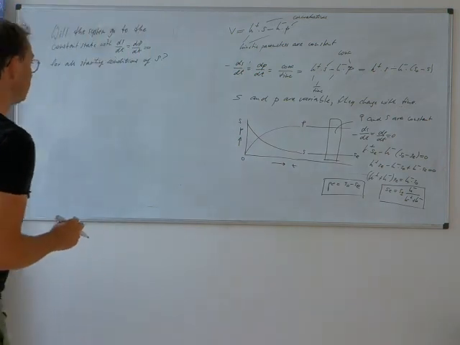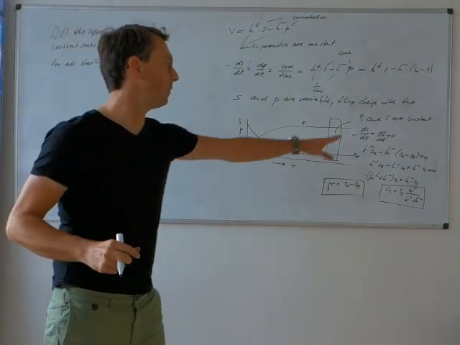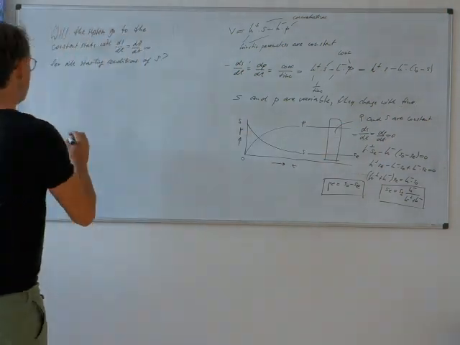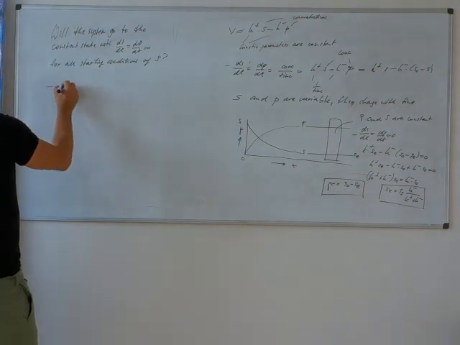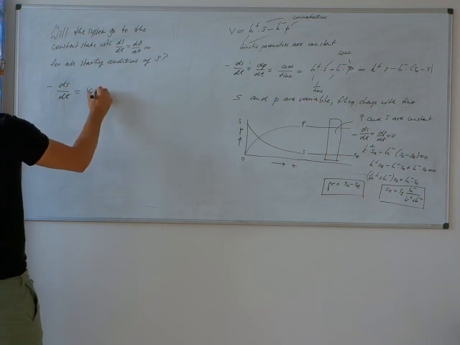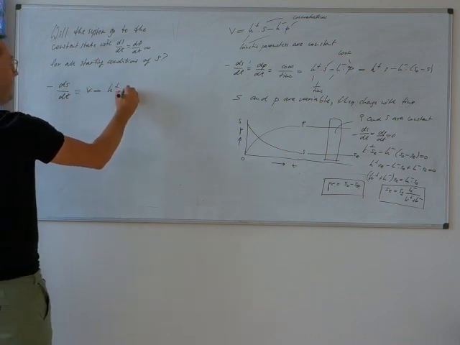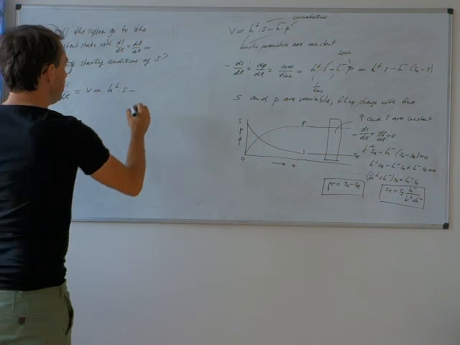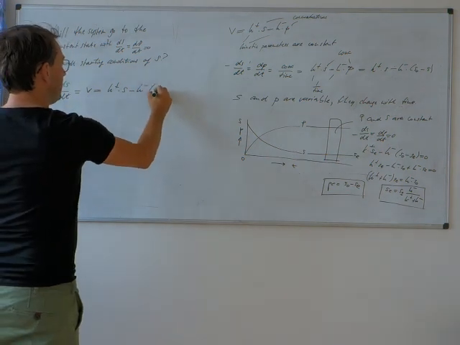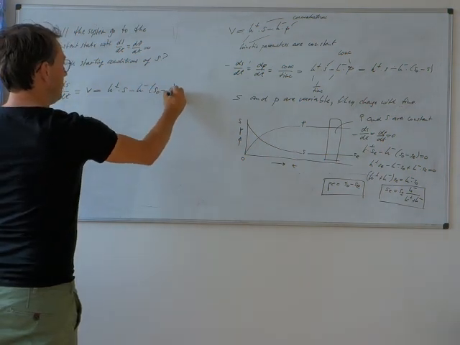So that's the question. In this final state where P and S are constant, I know that minus dS/dt equals V. So this equals K plus times S minus K minus times (S0 minus S).